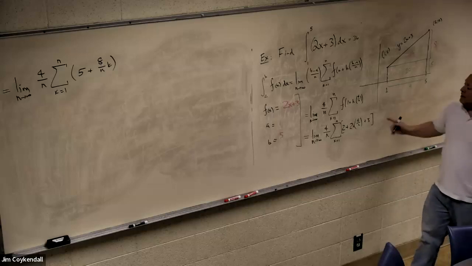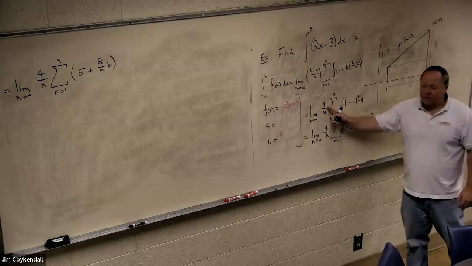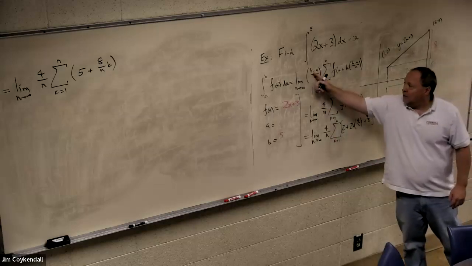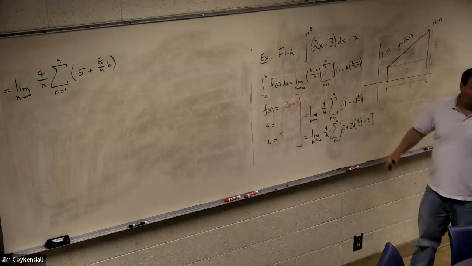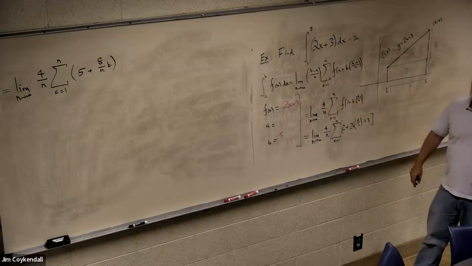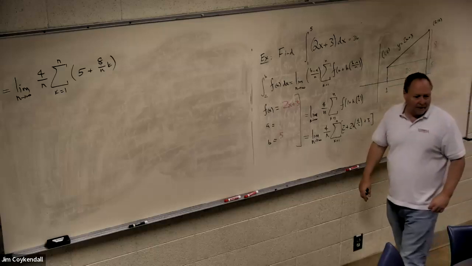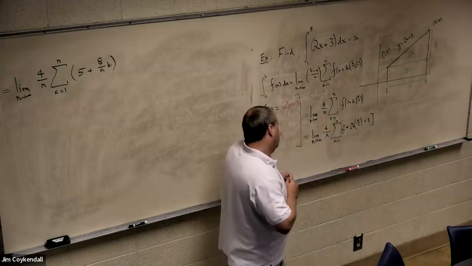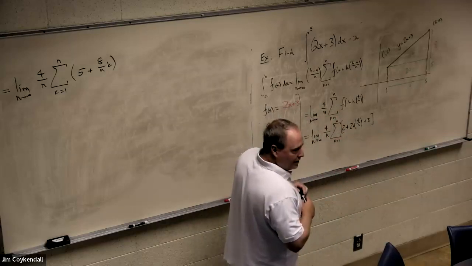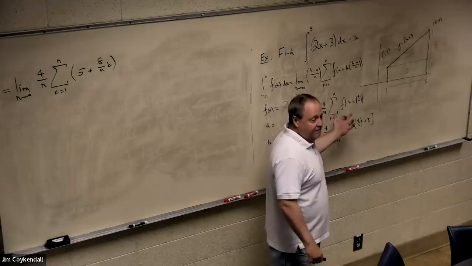Oh, between 1 and 5, we've already captured that in this part of the formula. Because remember, this is 5 minus 1. That's where this 4 is coming in, and that's where this 4 comes in. That's captured already in the essence of the formula. The formula is doing all that for us.